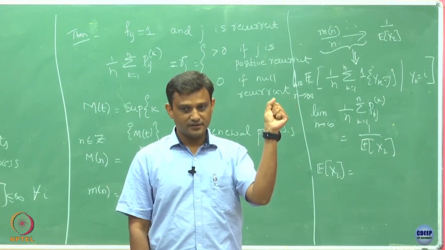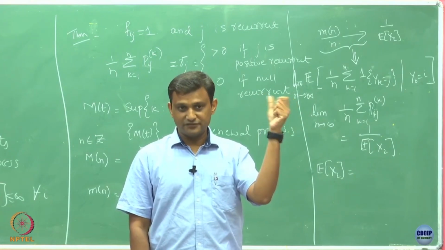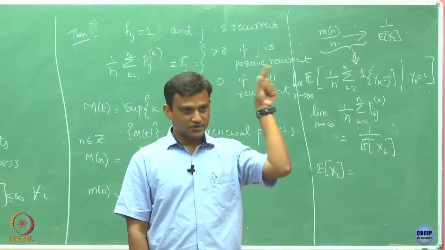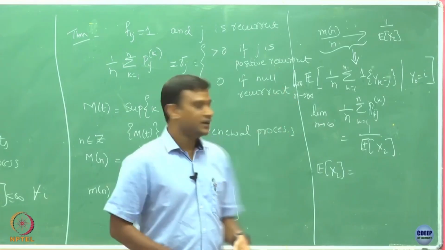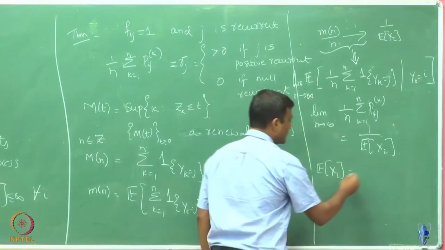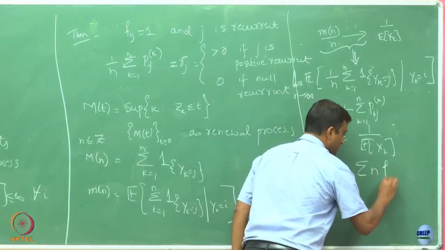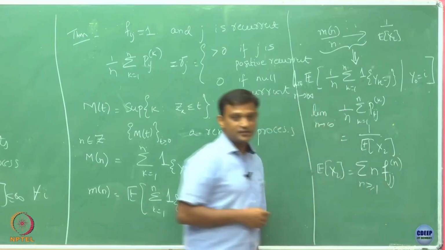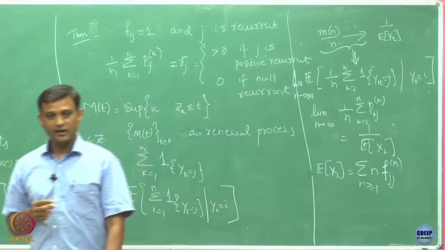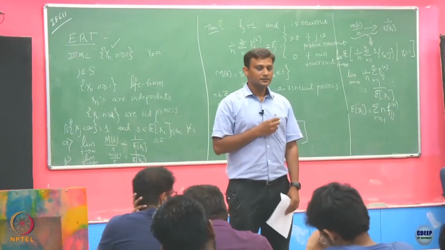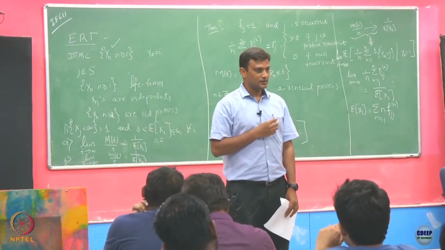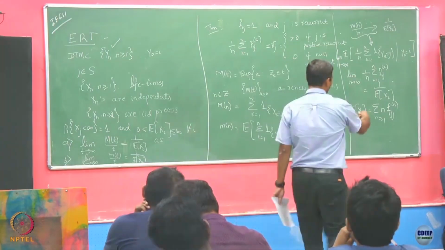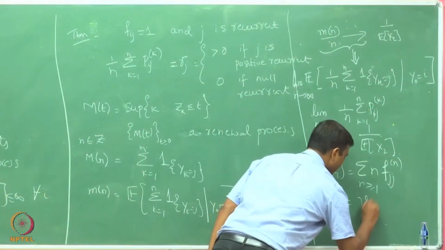What was that? fjj of n, right? We are talking about starting from state j and going back to it, so this is going to be fjj of n. Is this correct? The expected value of x2, we have also denoted as nu jj, right?